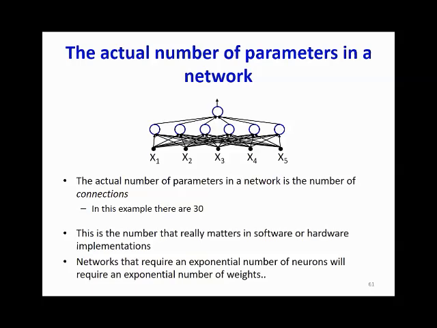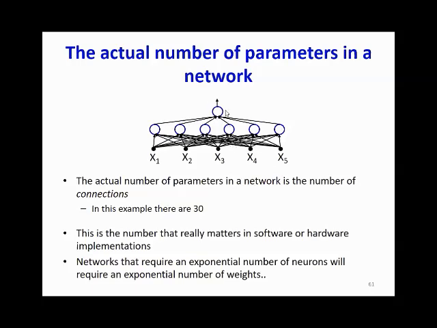Now, again, it's not really the number of neurons in the network that governs the network size, it's the number of connections. So here, for example, we have 30 connections. That's the number that really matters in software or hardware implementations.